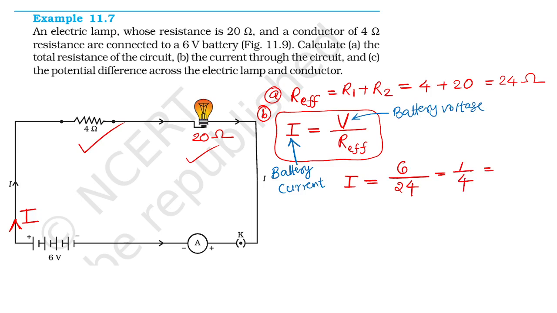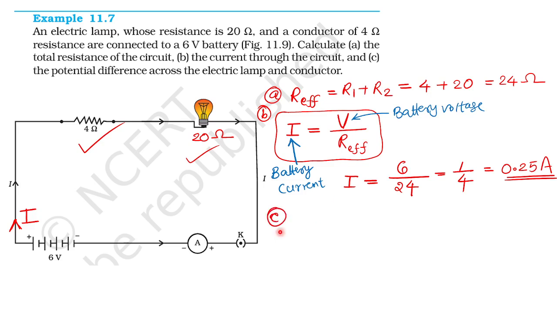In physics it is important that you do the division. 1 by 4, you know how to do the division. The current has the unit ampere, which we studied in the first class. The current is 0.25 ampere. Then C part I am going to discuss.